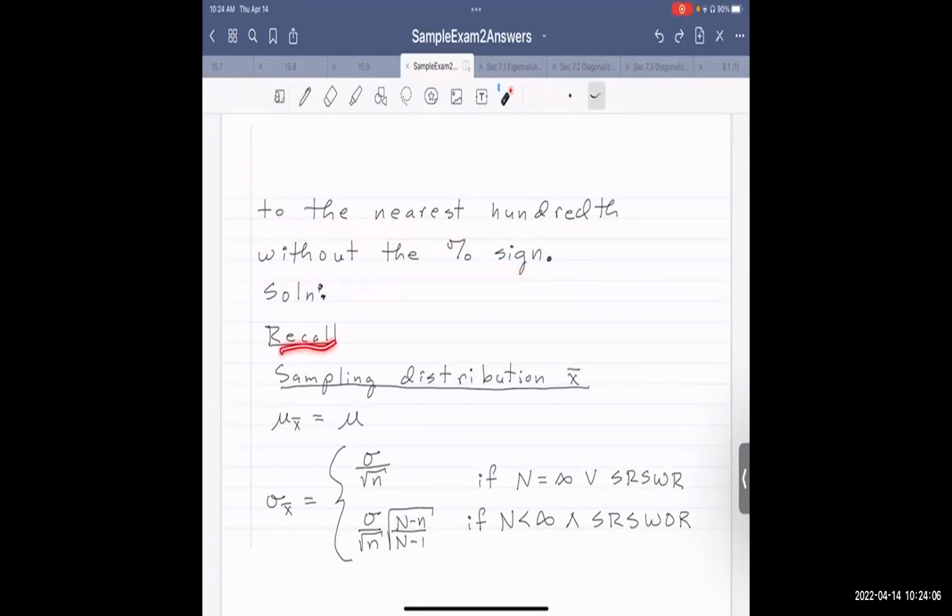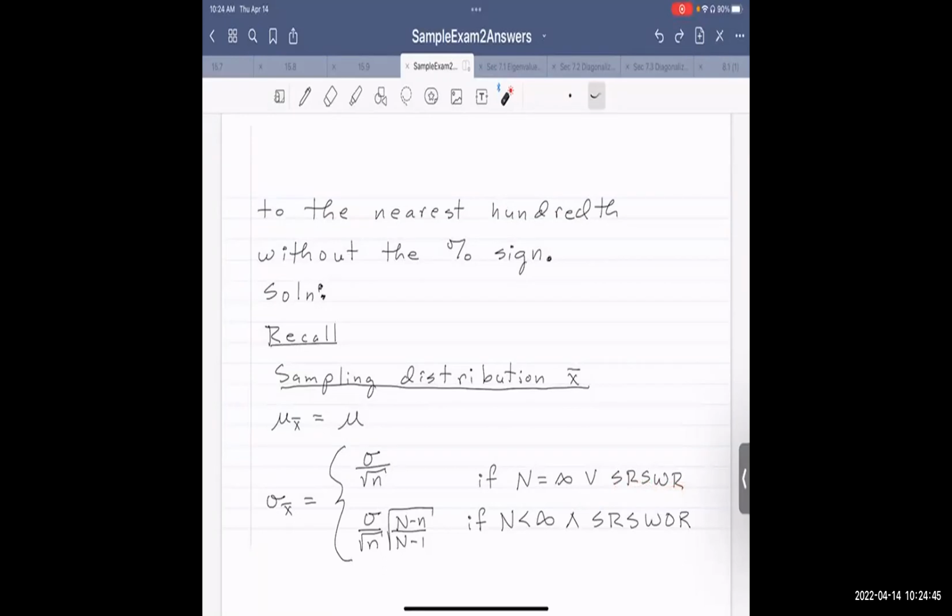And so let's recall the formula for the parameters of a sampling distribution of sample means. And so the mean for the sampling distribution of all possible sample means is the mean of the population, mu. The standard deviation for the sampling distribution of all possible sample means is sigma divided by the square root of n, if the population size is infinite, or a simple random sample with replacement.